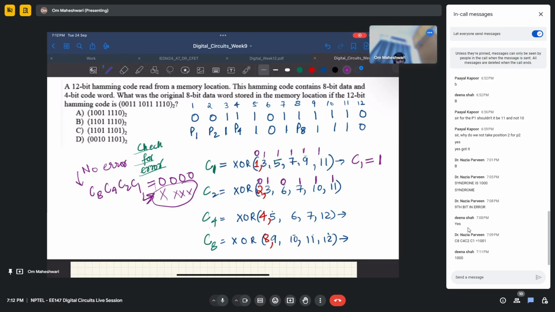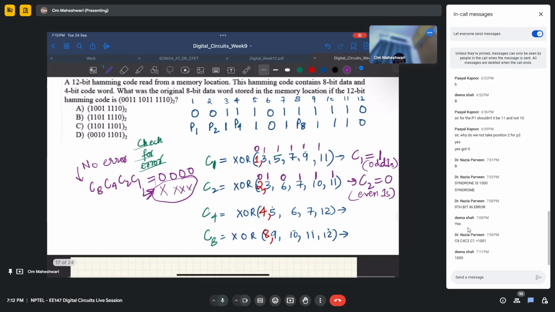We have 4 ones, so that means C2 is 0, even ones. And C3, 4 is 1, 5 is 1, 6 is 0, 7 is 1, and 12 is 0. We have 3 ones here. So C3 is 1.